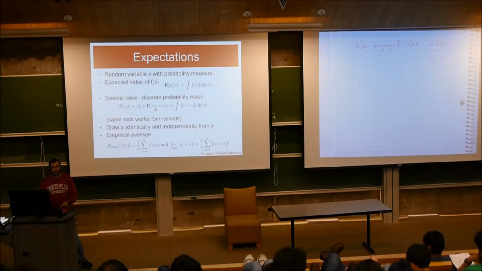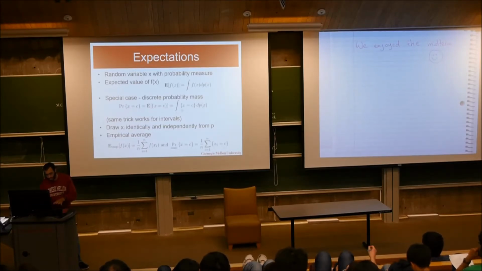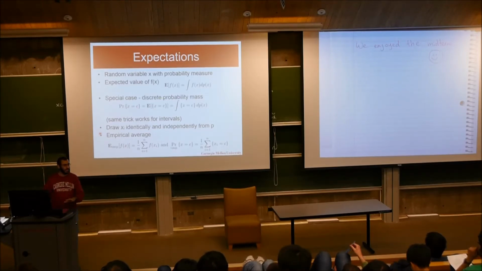Then the expectation of this indicator variable is the probability of that event, which is computed again using this formula. And of course it works for intervals, so it can be x within some interval other than x equal to a particular value.